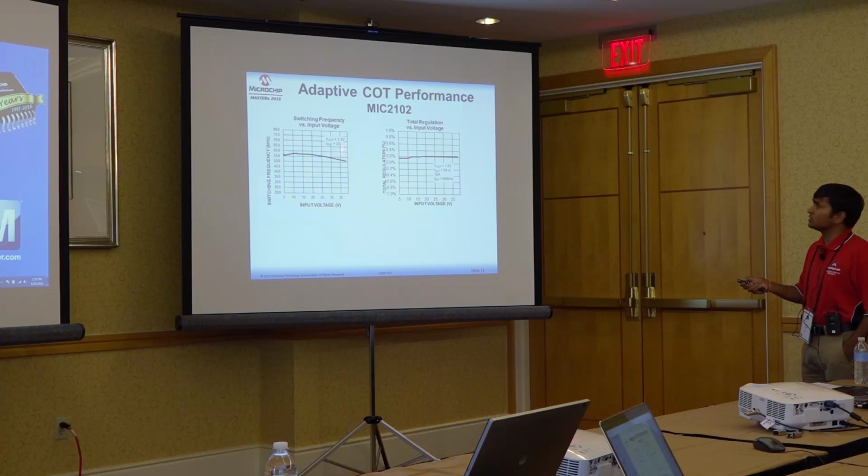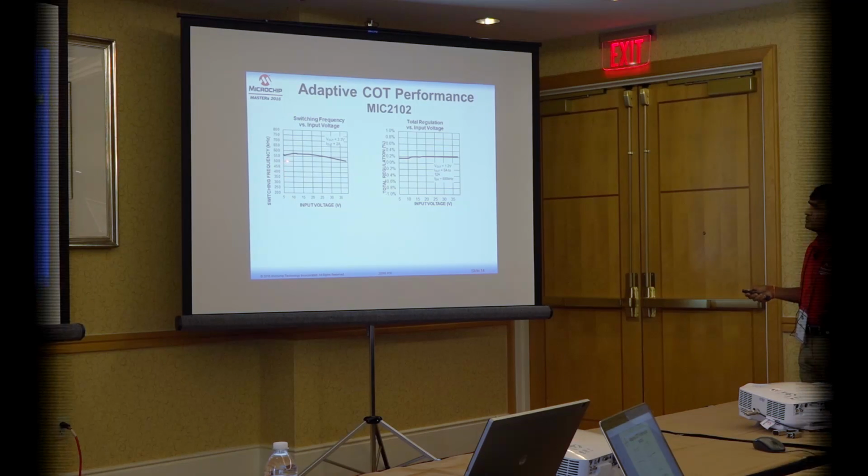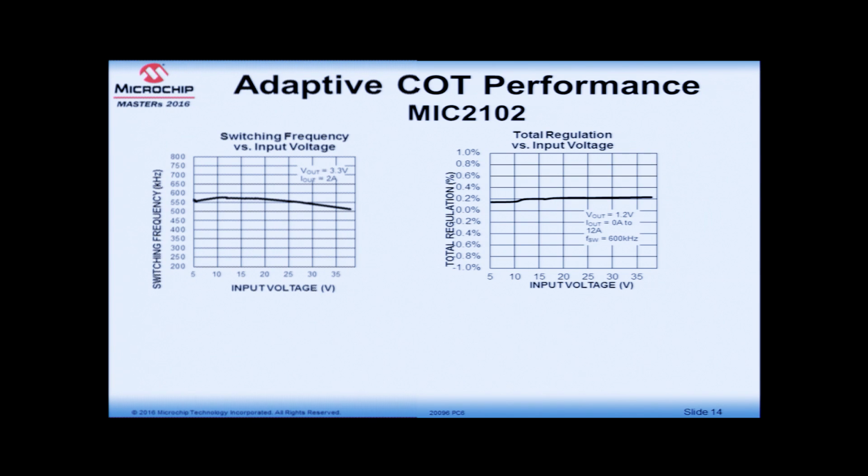V out is 3.3 volts, I out is 2 amps, input was varied from 5 volts to 40 volts, and the programmed switching frequency is 550 kilohertz. As you can see, the switching frequency variation over the input voltage range is very small, plus or minus 20%, maybe less, as compared to the big variation in the basic COT architecture.